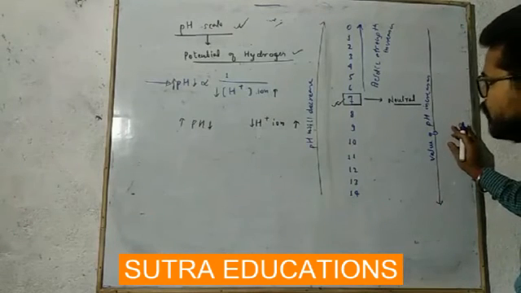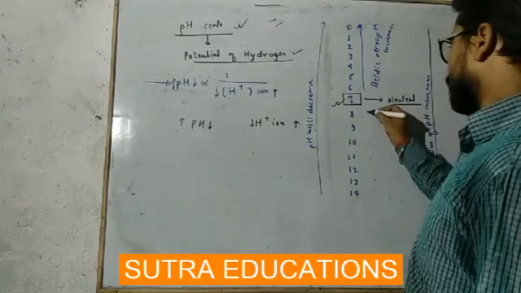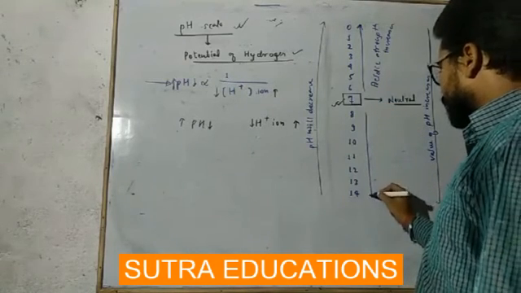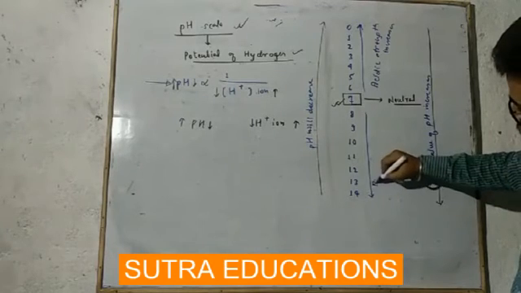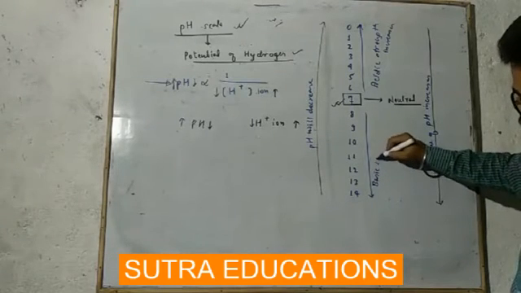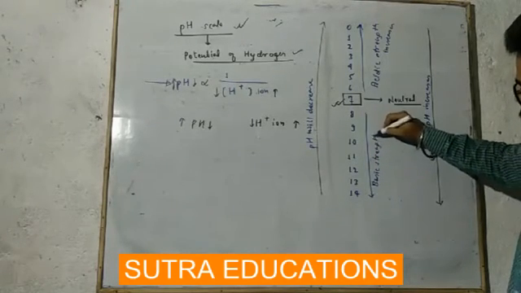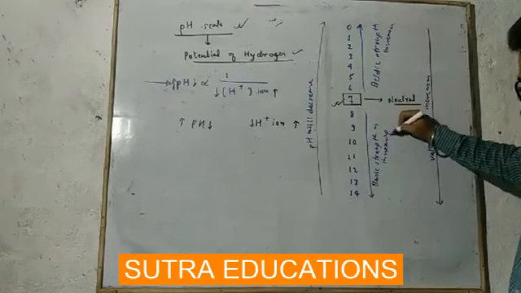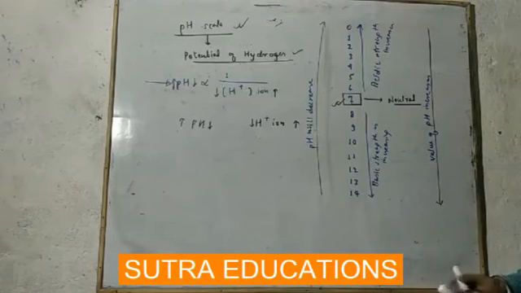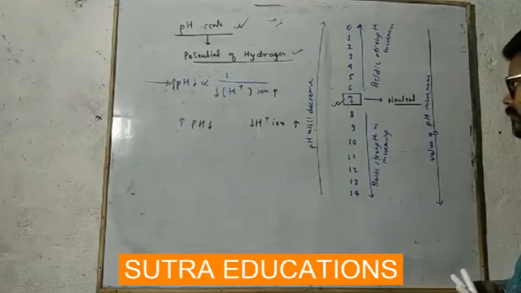And if you are coming down from 8 to 12, 14, then this time basic strength is increasing. Getting this?